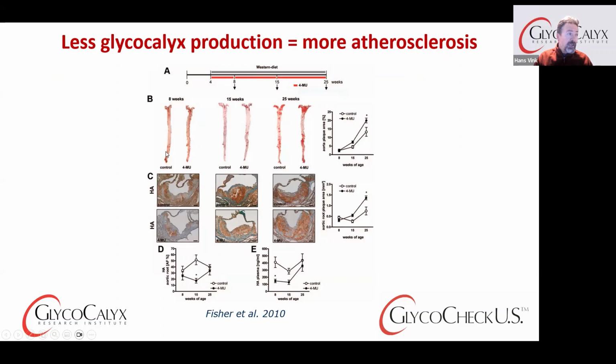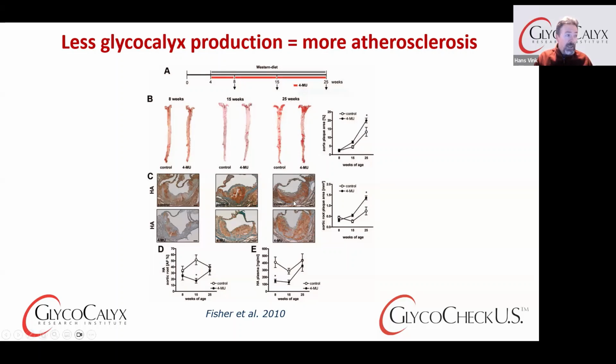They looked, for instance, at the aorta, the big artery from the heart to the organs, and also at the aortic root in the center, at what happens over time with plaque formation. So they compared the vessels from healthy animals with blocked hyaluronan synthesis at 8 weeks, 15 weeks, and 25 weeks. And if you measure the size of the plaques forming in the aorta, you see there's a significant increase when you block the production of hyaluronan. So less glycocalyx means more atherosclerosis.